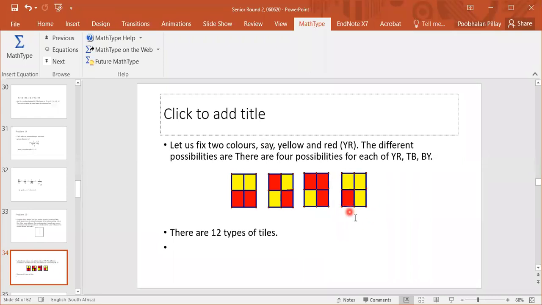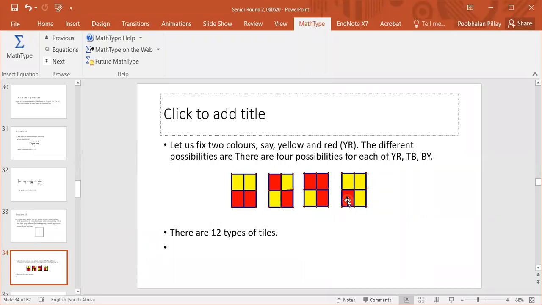But you might say, I could have made this 1 red and the other 3 yellows, that has 1 red and the other 3 yellows, that has 1 red and the other 3 yellows. But if you think about it, it's the same tile. It's no different, because all you have to do is turn this around in different directions, clockwise or anti-clockwise, and you will come to each one of these situations. So there is only 1 tile with 1 red.